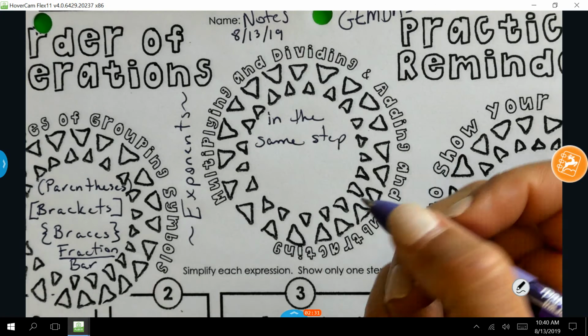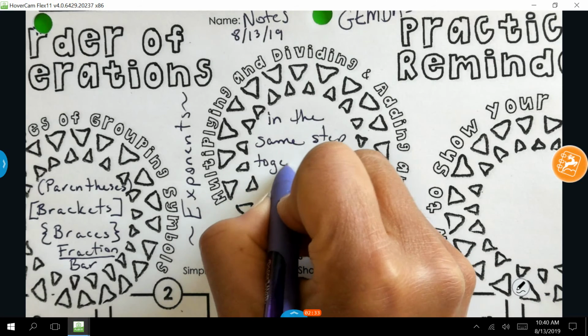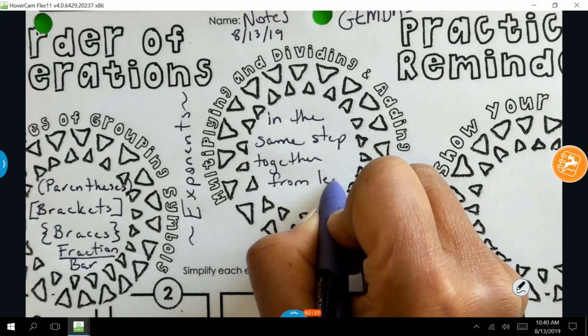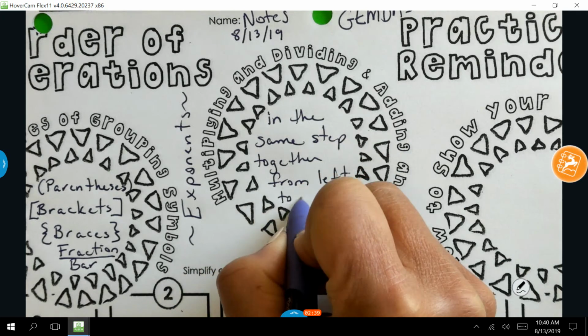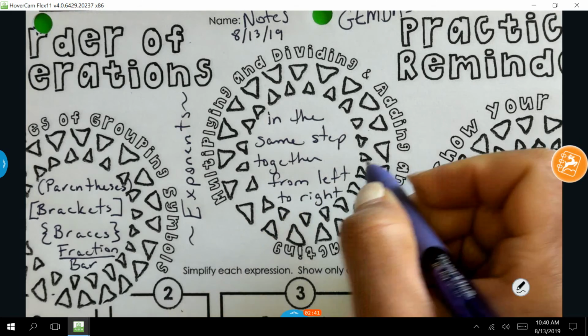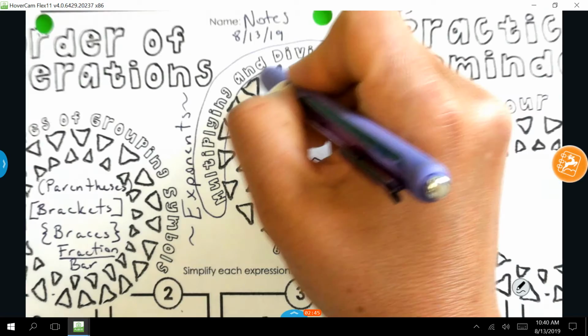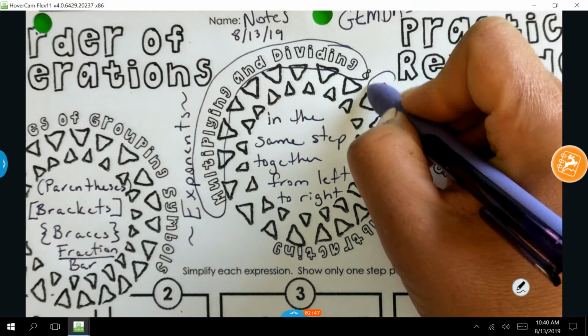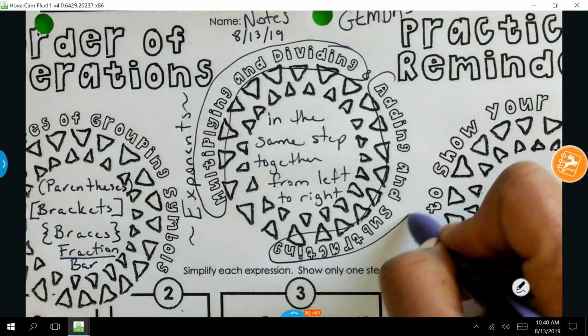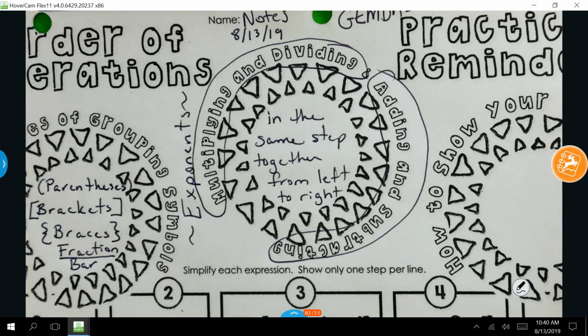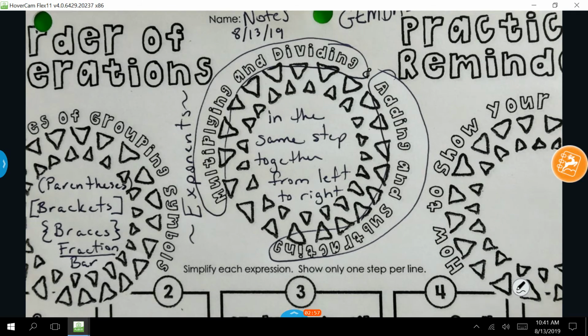Those are in the same step together from left to right. So the multiplying and dividing is in one step, and then this. Is that clear? I think all of you remember all this.